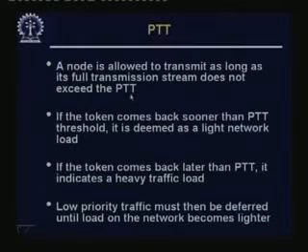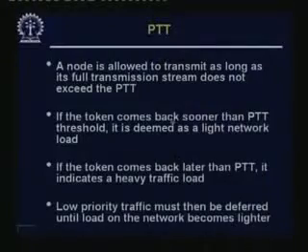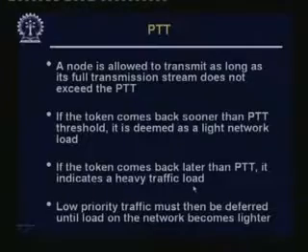If the token comes back sooner than the PTT threshold, it is deemed a light network load. If the token comes back later than PTT, it indicates a heavy traffic load. Low priority traffic must then be deferred until the load on the network becomes lighter.